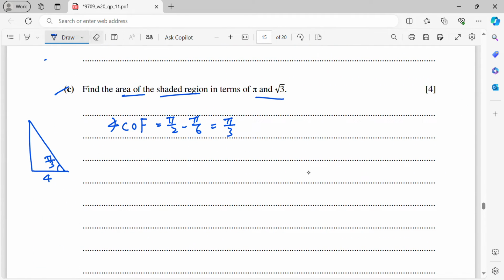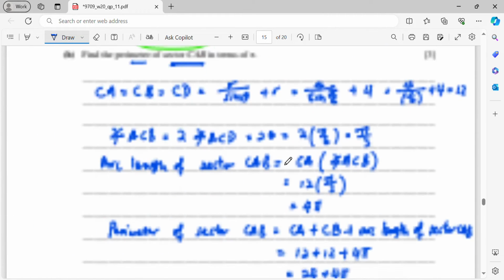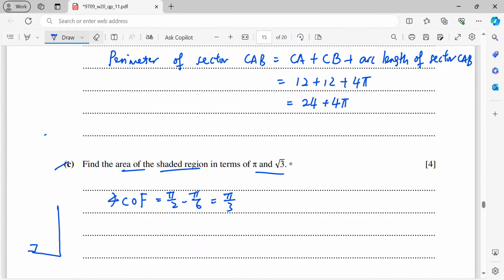Okay, I should draw in the other way around. So it will be like this. Let me check. This is 8. Sorry, this is 4.